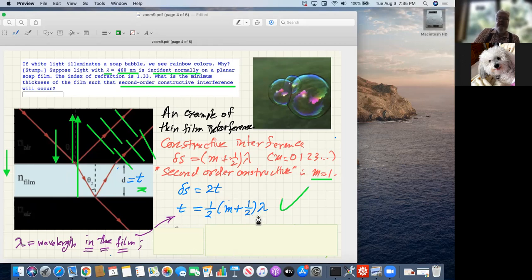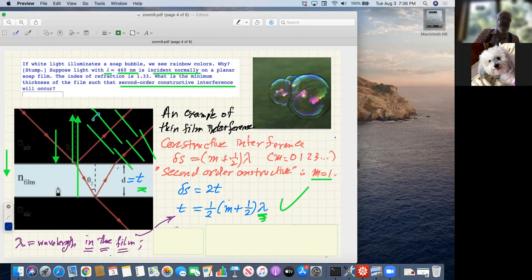Now, what's lambda here? The lambda is the wavelength of the light when it goes through the water. So lambda is the wavelength in the film. But the light here is 460 nanometers in the air. So this wavelength is what's given in the problem as lambda.